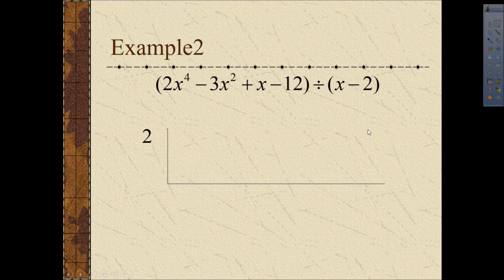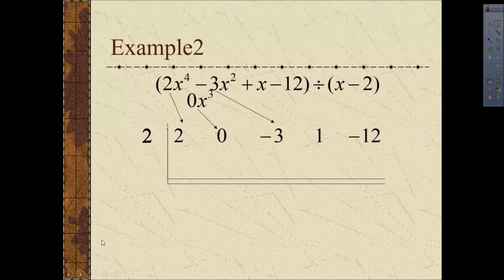Well, the coefficient of x to the fourth is 2, but did you notice there's not a term for x cubed? We're going to have to still have a placeholder for x cubed. So we're going to use a 0 as the coefficient for x cubed. Then we can put a -3, a +1, and a -12. So there are all the coefficients set up. That placeholder is an important part of this synthetic division.